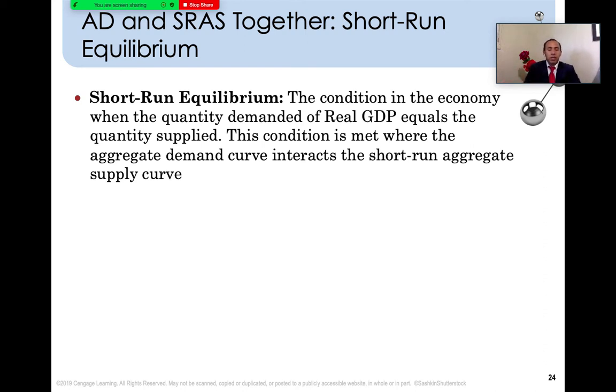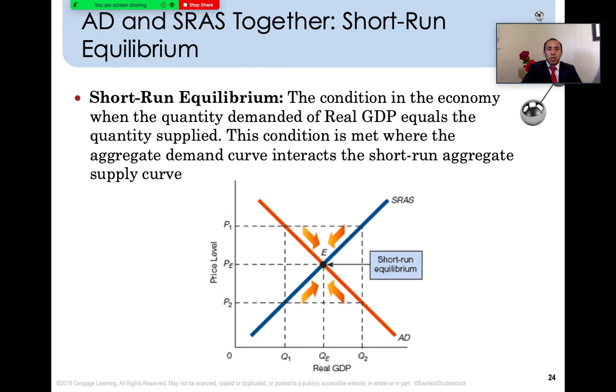The short-run equilibrium is the condition in the economy when the quantity demanded of real GDP is equivalent to the quantity of aggregate supply in the market. This is where aggregate demand and short-run aggregate supply intersect one another.